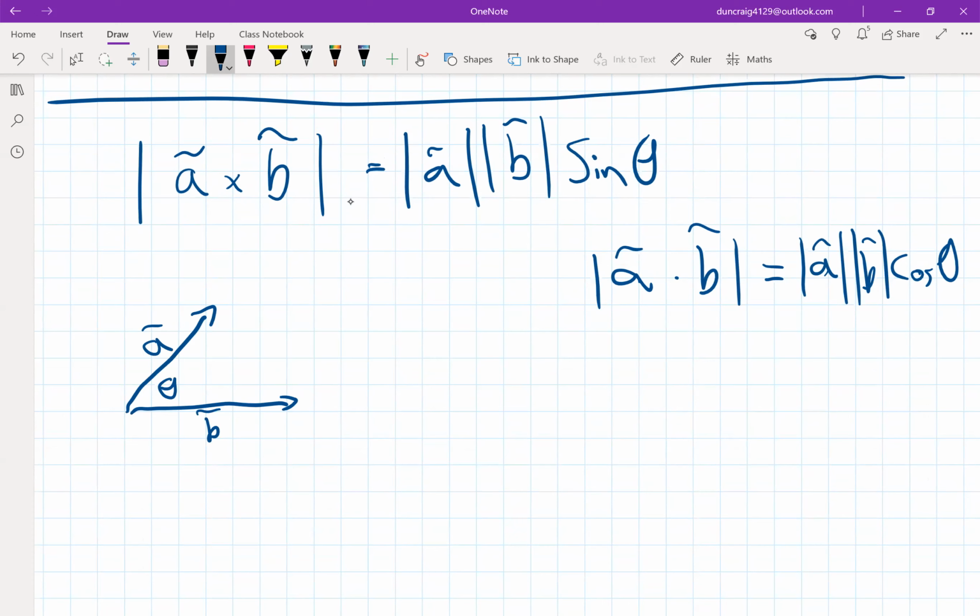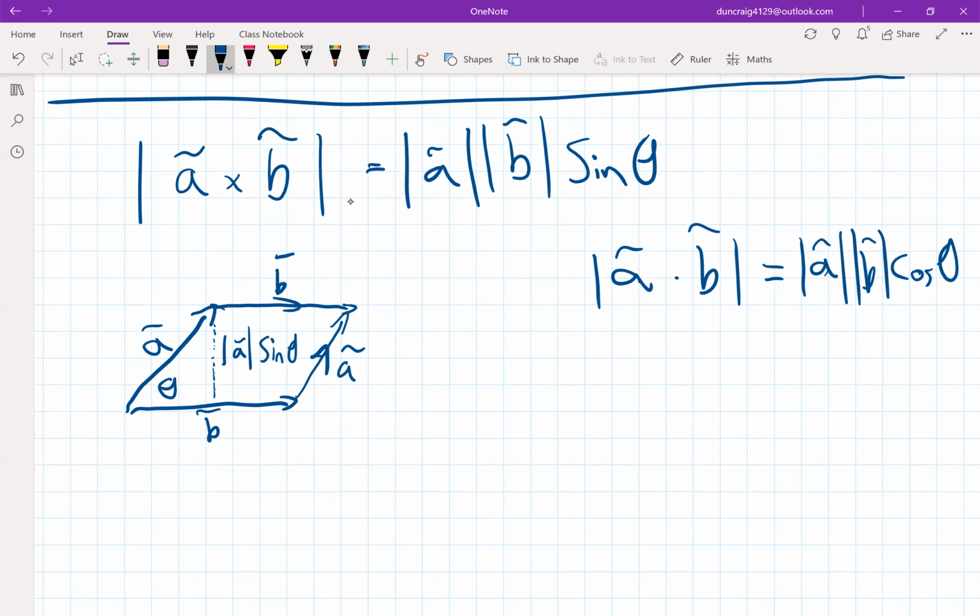Now, the vertical component of that is just going to be the magnitude of A sine theta. And then if we draw the vectors head to tail like that, you can see it produces a parallelogram, where that's B, that's A there.